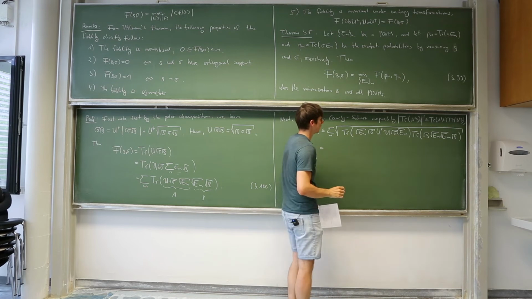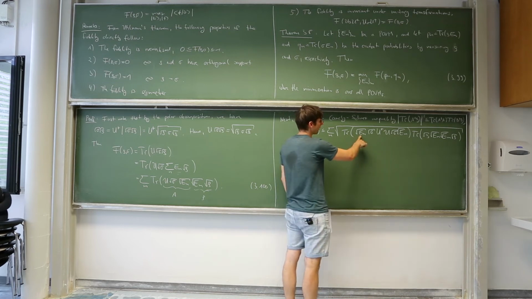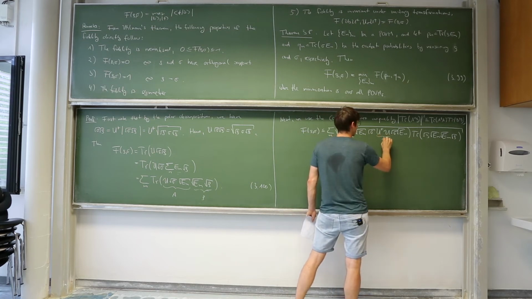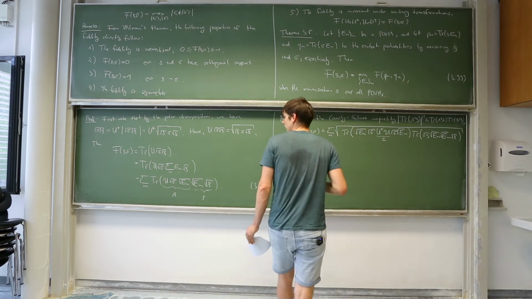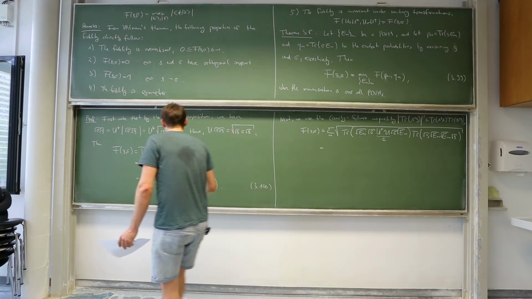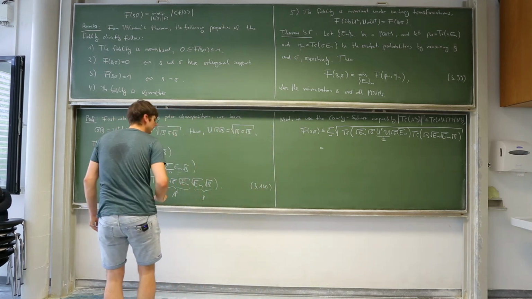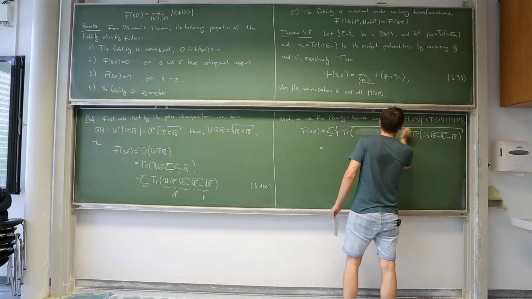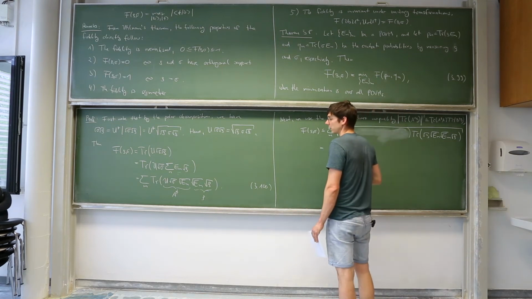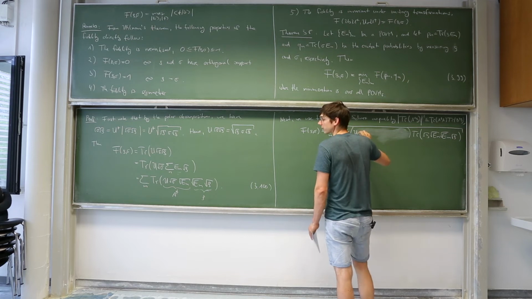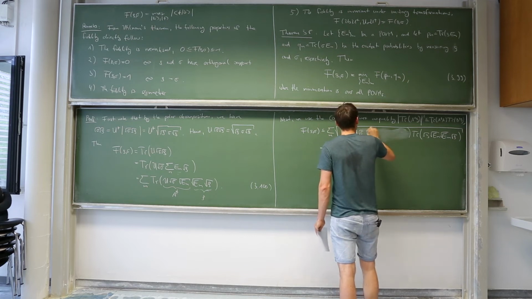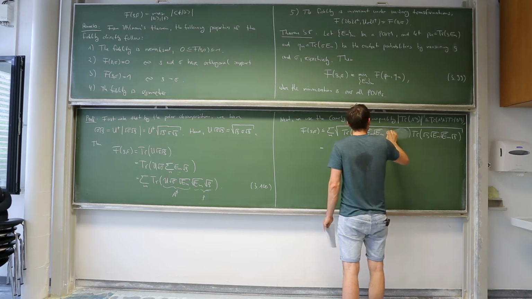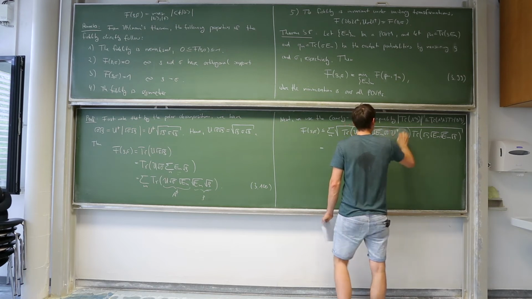So now we can use the cyclic property of the trace, and this is the identity. Sorry, this must be A dagger B, then it's wrong here. So then we have U sigma E_m sigma U dagger.